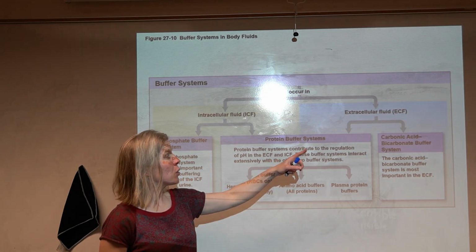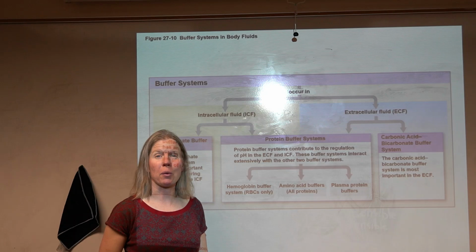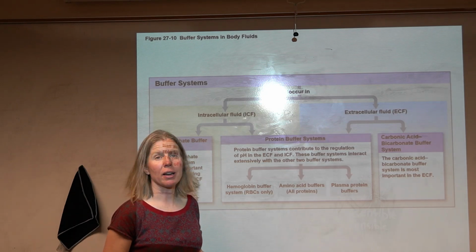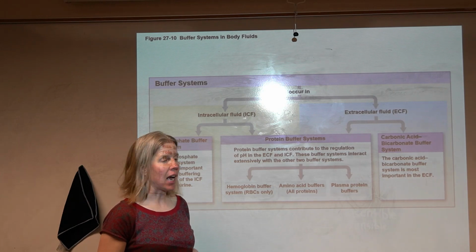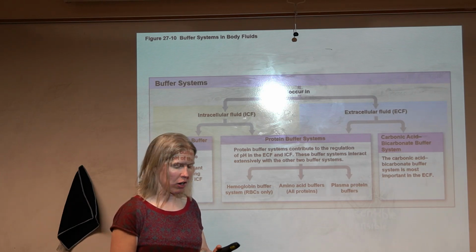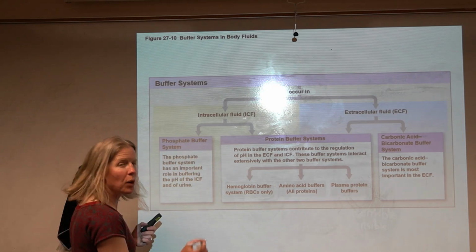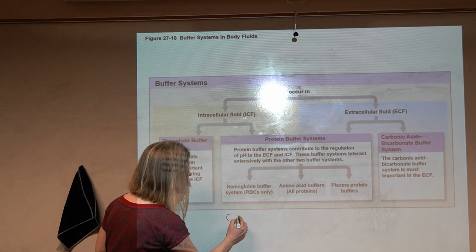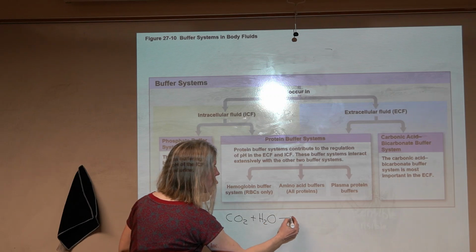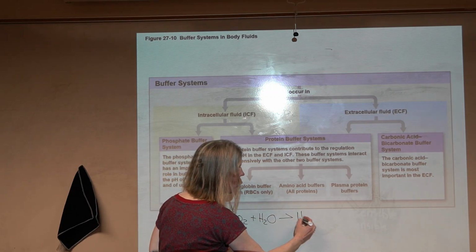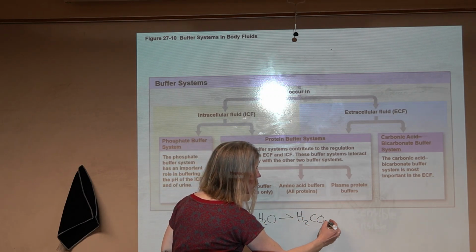Okay, the most important buffer system that we have is this carbonic acid bicarbonate buffering system, and this is exactly the one that we've been seeing all along. Let's just write it out one more time for the fun of it, right? That CO2 and water can join together to form carbonic acid, right?